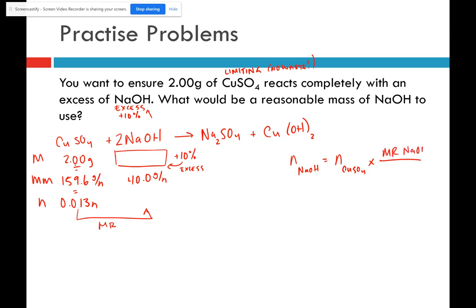What we want is on the top, and what we have is down at the bottom, so we can cancel out those units. 0.013 moles times 2, because we have a 2 right here, over 1 copper sulfate. So it's going to give us 0.026 moles.